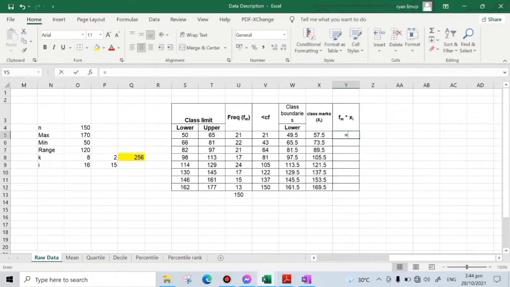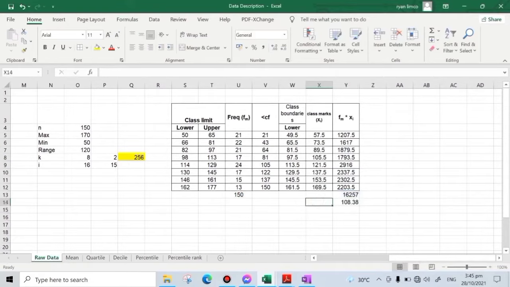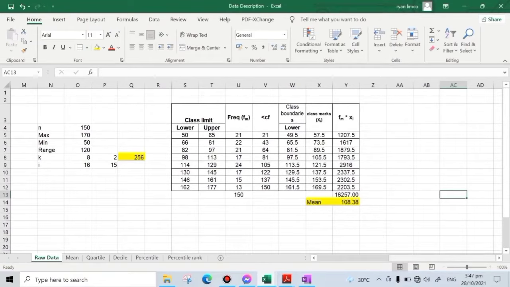And then here, we are going to multiply the frequency with the class mark. Drag down and sum up. And itong total, i-divide natin ng n. And this answer here is our mean. Okay, so next na pinapakompute sa atin is the first quartile.